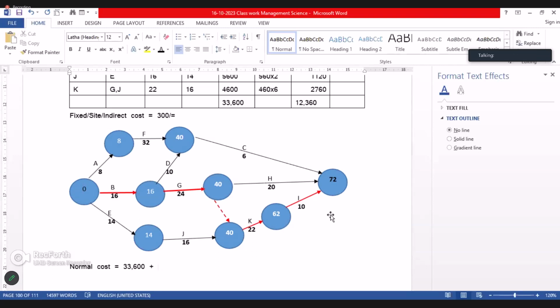How much? 72 into 300 is 21,600. Right. So therefore the normal cost is equal to how much? 33,600 plus 21,600 is 55,200. This is the normal cost of the project.